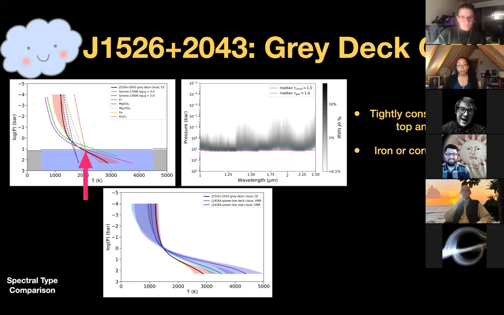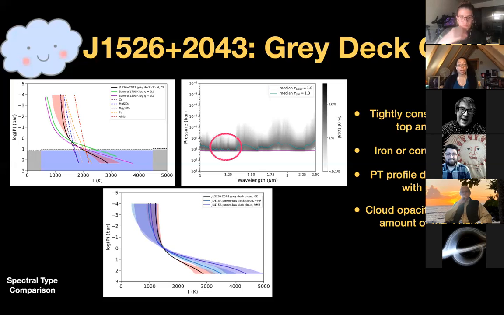When we look at our pressure temperature profile compared to the models, we see that they don't agree at all. The retrieved profile is hotter in the upper atmosphere than you would expect from the models, as well as being cooler than expected deeper down. When we look at the contribution function, again, we see a super tiny region where the cloud opacity is dominating over the gas opacity.